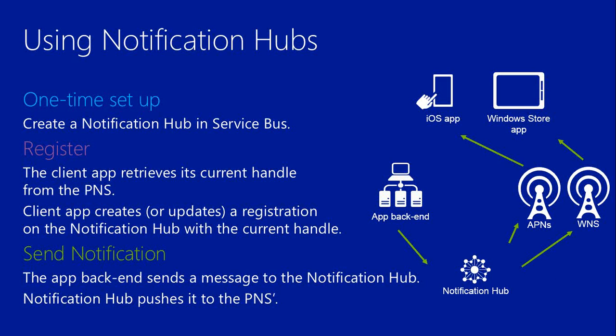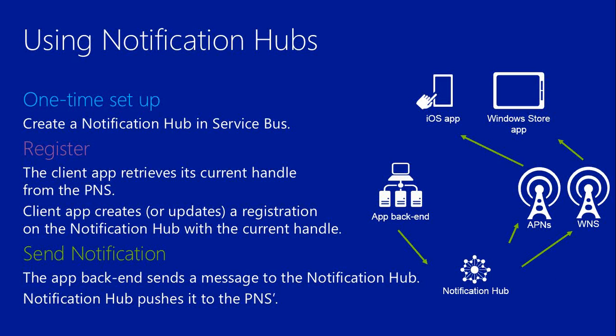Then the client app creates or updates the registration on the Notification Hub with the current handle. So in case of Notification Hub, after the client app has retrieved its current handle from the PNS, it does a registration on the Notification Hub, while in the push notification lifecycle, it updated the app's backend. So this is the difference.